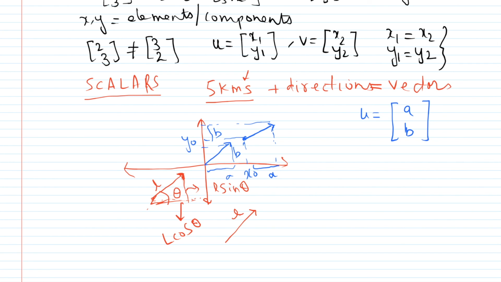So you have the x and y projections of this vector. Then you can represent this vector in this format too: [L cos theta, L sin theta]. And we know that if two vectors have equal respective components, then those two vectors will be equal.